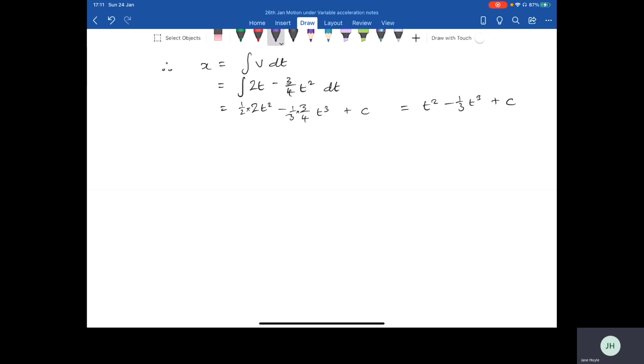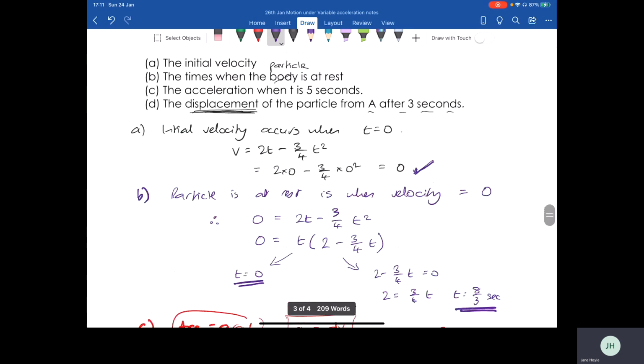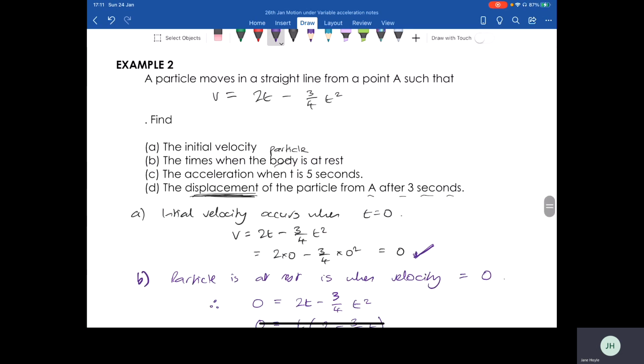So I know that x is equal to t squared minus a third t cubed plus c. So we need to find c.